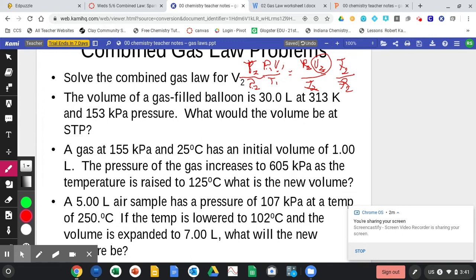Let's take a look at how we would not bother solving for a certain variable, but just going ahead and working in the proportion method. But you just want to be a little bit more careful because you've got two things in the numerator. The volume of a gas-filled balloon is 30 liters at 313 Kelvin, the T goes down here, and it's already changed to Kelvin for me, and 153 kPa.